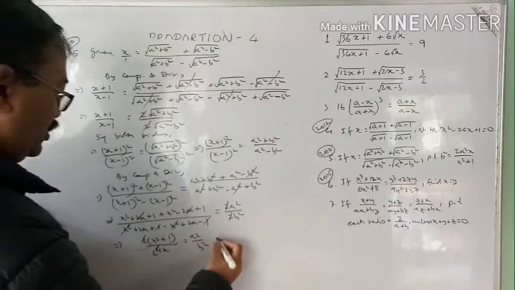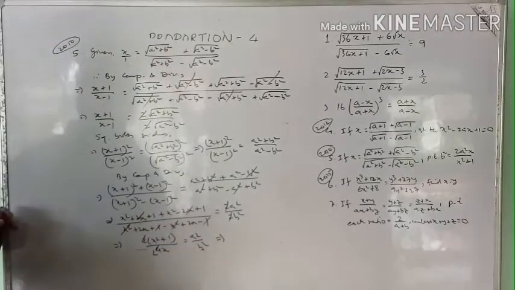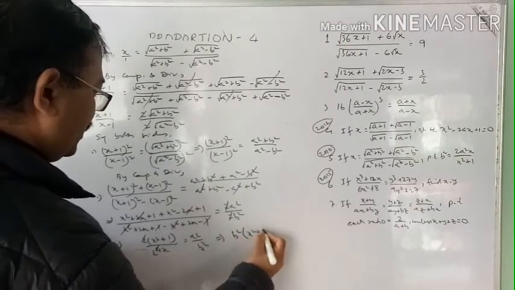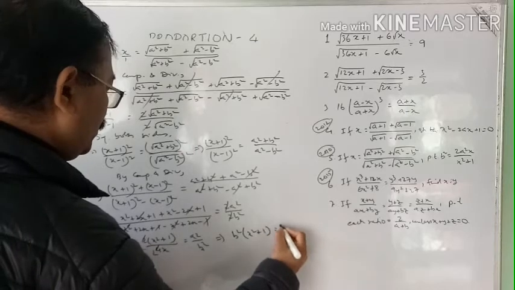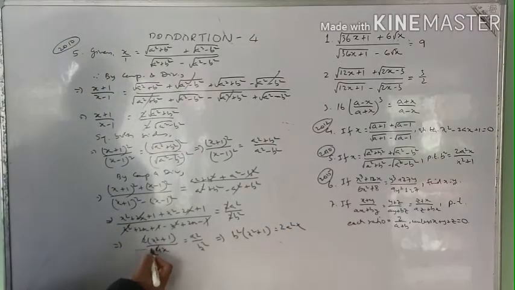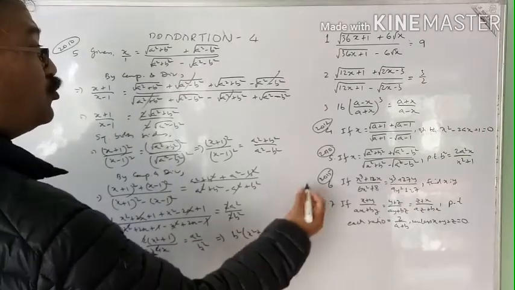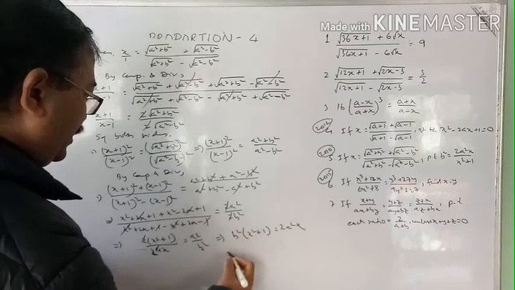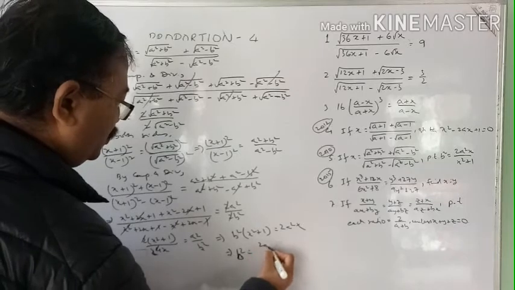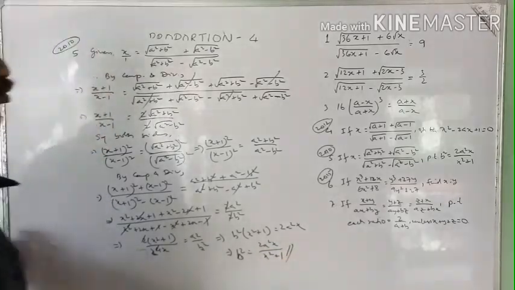So what you get here is, if you cross multiply, b square into x square plus 1 is equal to 2a square x, because 2 will multiply here, these 2a square and x is here. Now question says prove b square equal to, so b square we keep here, so b square equal to 2a square x by x square plus 1, so it is root.